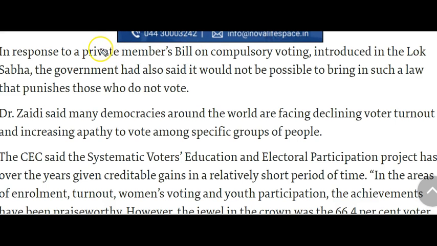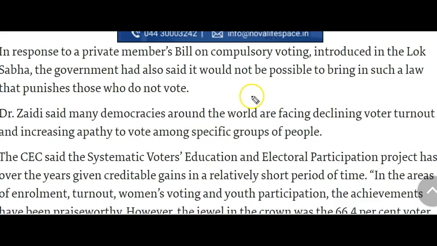Recently, a private member bill was also introduced in the Lok Sabha for introducing compulsory voting in India. But the government rejected this private member bill, saying it is not possible to bring a law for compulsory voting because it punishes the persons who do not vote. So it is not possible in India to bring compulsory voting.